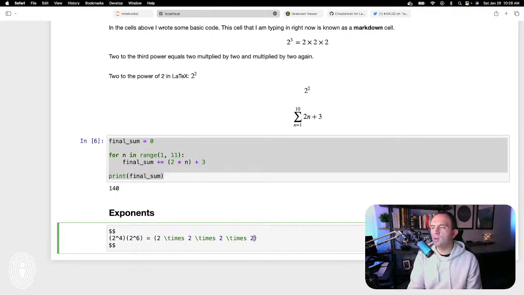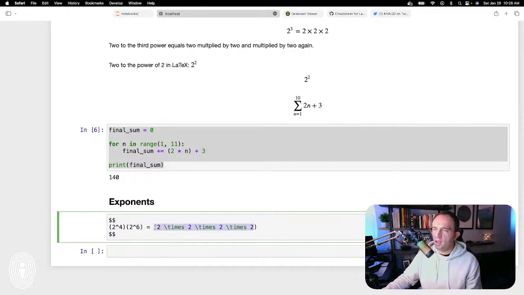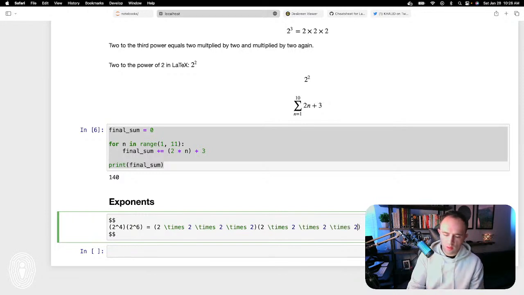Is that right? Hold on, I want to check really quick. Okay, so that is correct. And then that is the same thing as here, 2 times 2 times 2, and we have to add 2 more 2s times 2 times 2. Just making sure that my connection is still working.